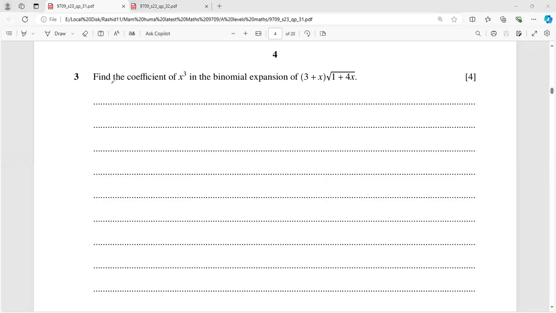The binomial theorem says that if we have (1 + x) raised to power n, that must be equal to 1 + nx, then we have n(n - 1)/2 factorial times the square of the second term, plus n(n - 1)(n - 2)/3 factorial and x cubed, and so on.